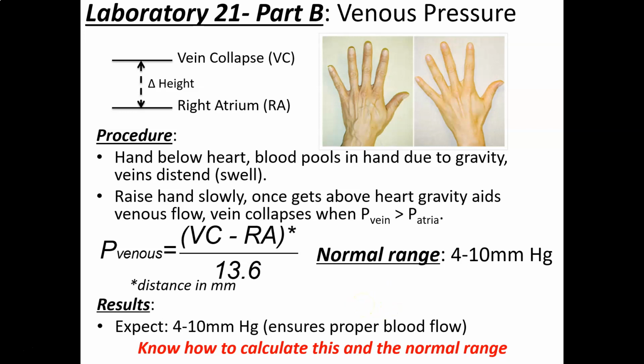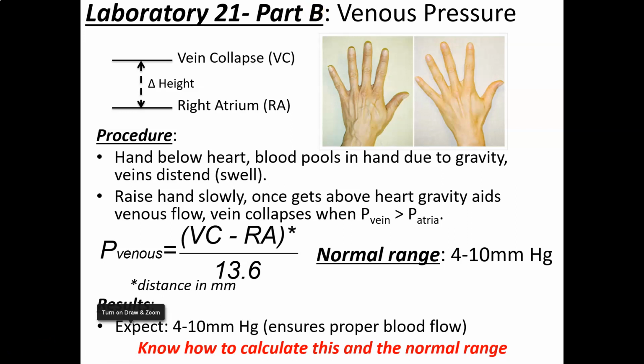And so the right atrial height is low. So that difference is perhaps greater than it really is. And so sometimes we get people up even to 15, but 4 to 10 would be normal venous pressure. Right? So, just to make the calculation easy, we can kind of look at it this way.